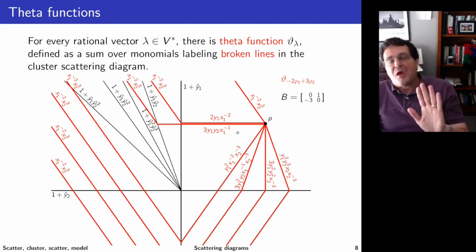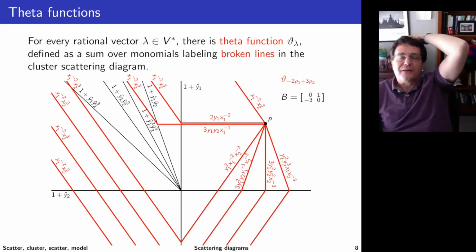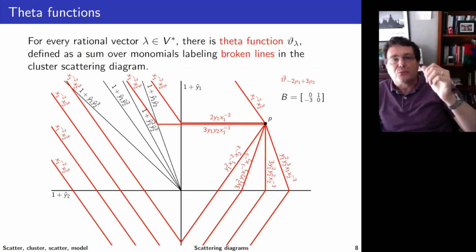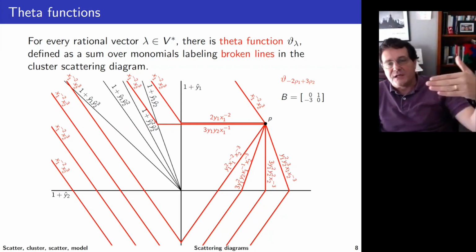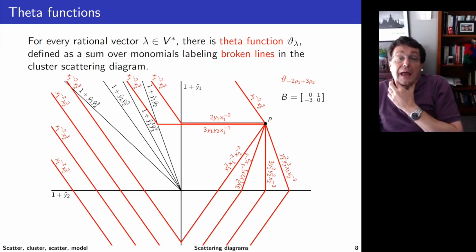Anyway, what I want to give you is the idea that we're taking straight lines, we're letting them break when we hit walls, and there's some rule for how the monomial changes and therefore how the direction changes every time we hit a wall. And we think of all the possible walls and all the possible ways of bending: what are the ones that would have ended at P?